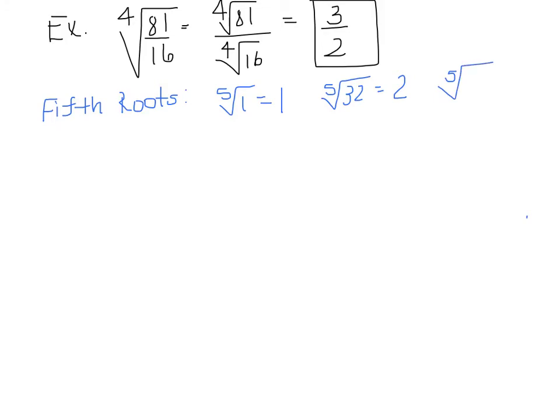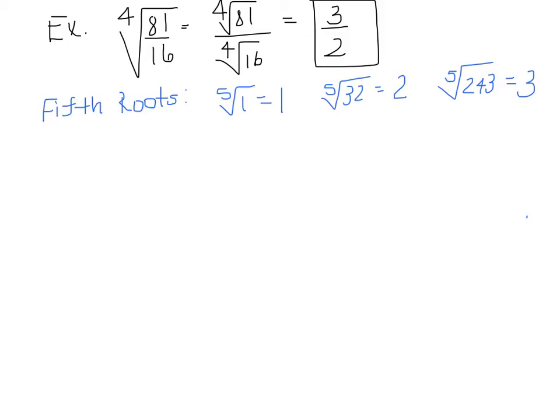And the 5th root of 243 is 3. So those are the most common that you'll see with the fifth roots. Okay.